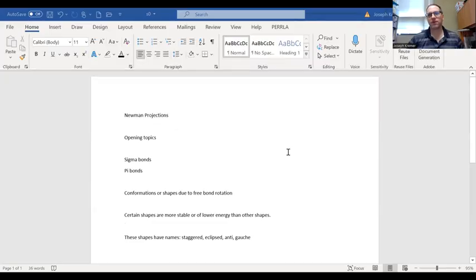But before we move into the packet, I'd just like to present some brief motivation and background and context for this topic called Newman projections, found in Chapter 4 of your textbook. As you are aware from Chapter 1, single sigma bonds rotate.